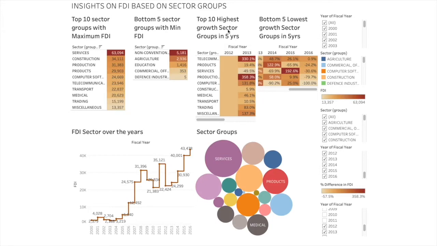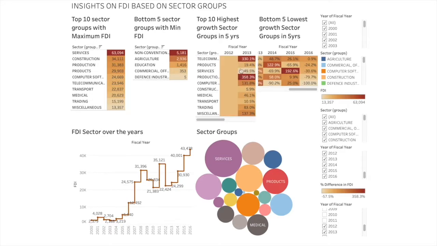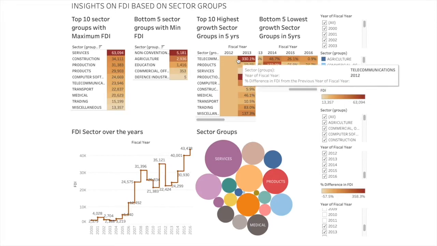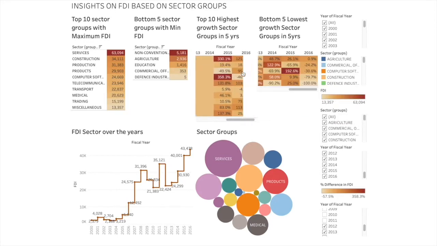Now looking at this particular table, you can see the top 10 highest growth sectors. Based on the years that I recorded, I have a filter here to tell the years that I'm checking out. So I'm checking from the last 5 years the growth that has been recorded in the various sectors.